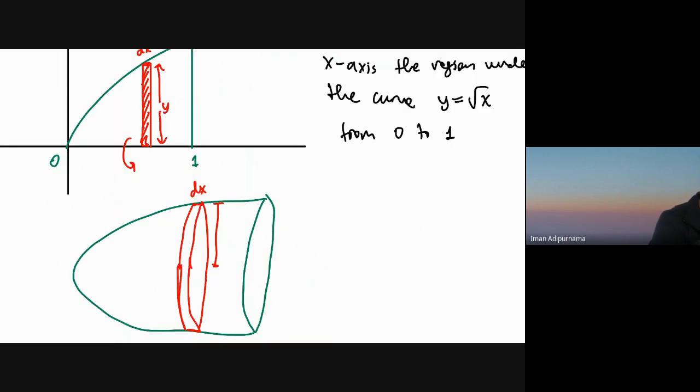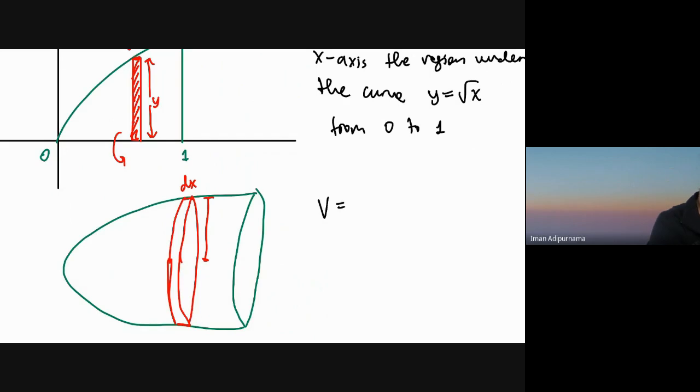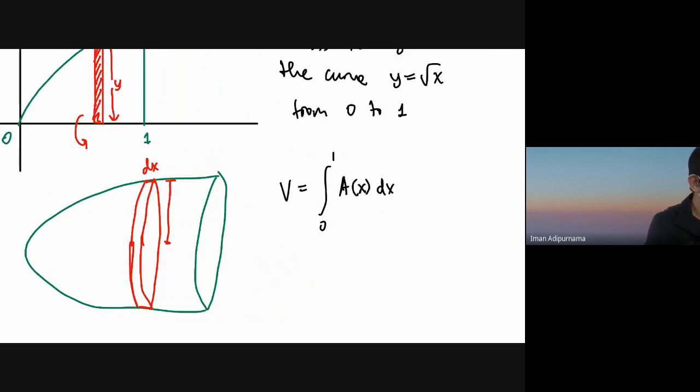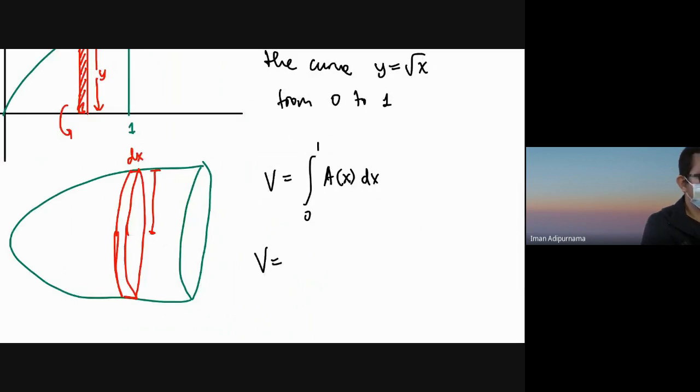So we will have the volume from 0 to 1. Let me write just the area function and dx. The volume will always have the pi, because it's rotated, it's a circle, and it has a circle equation, so it will have the area of a circle. So r is y, and this will be the integral of pi y squared dx.